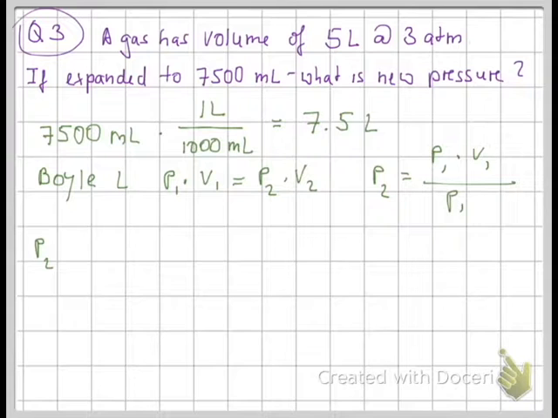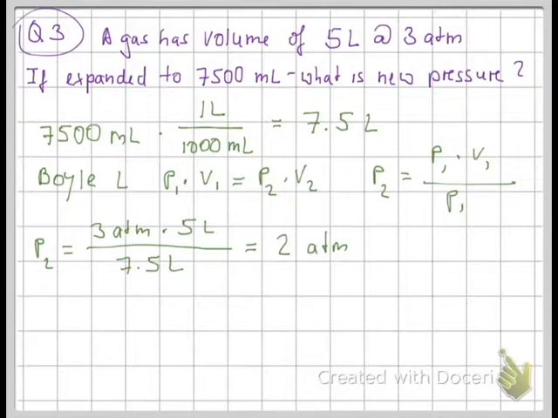P2 equals, pressure was 3 atmospheres? Yes, 3 atmospheres times initial volume of 5 liters divided by 7.5 liters. And if you calculate that out, you'll get 2 atmospheres.